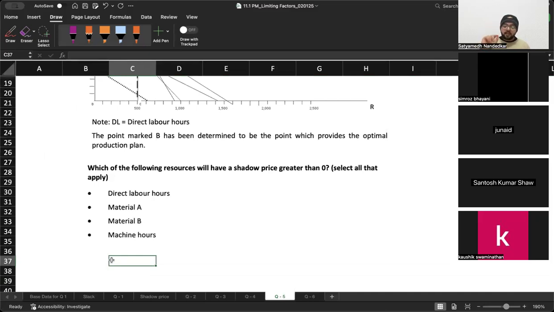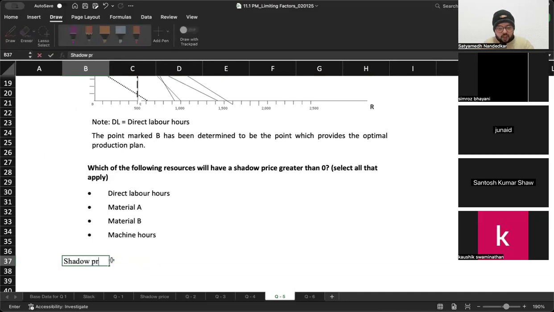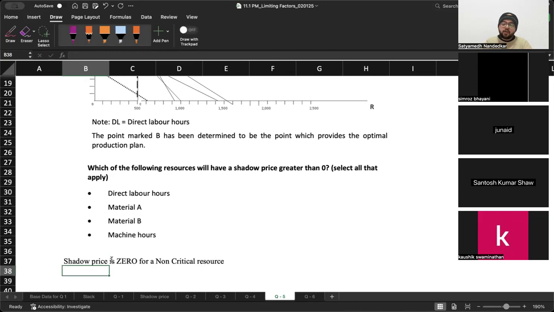Shadow price is greater than zero only if... shadow price is zero for a non-critical resource. ठीक है, shadow price is zero for a non-critical resource.